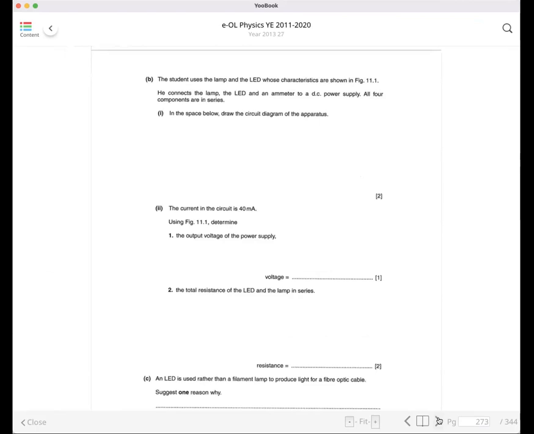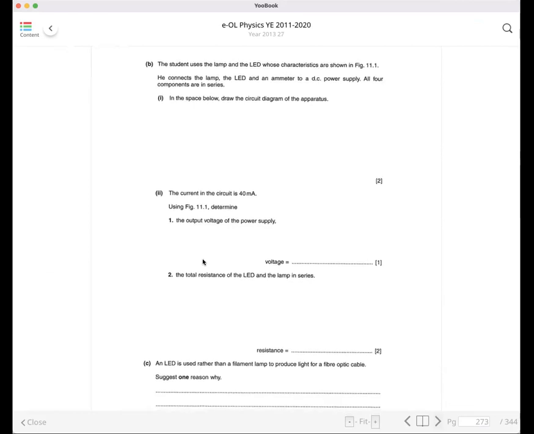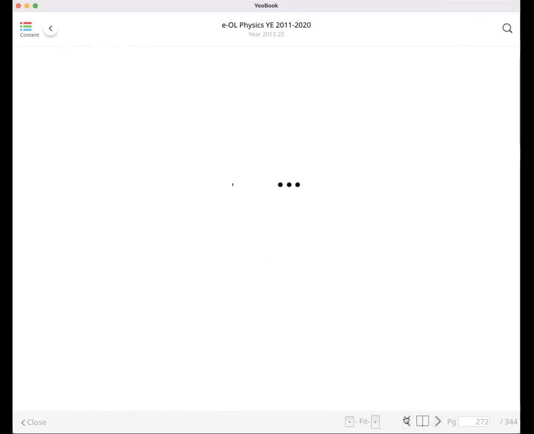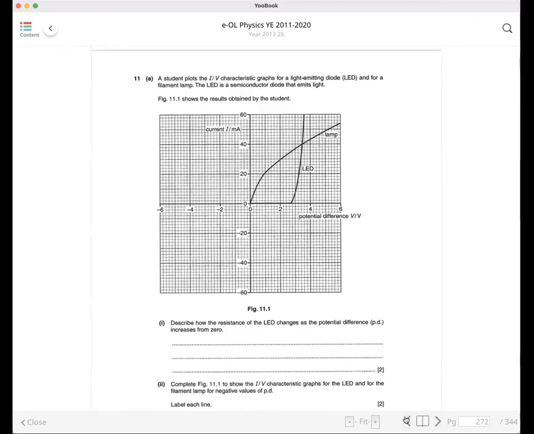Okay, let's do the calculation. So draw the circuit. Using the figure, the current in the circuit is 40 milliampere. Calculate the output and the total resistance in series. The I is 40 milliampere.